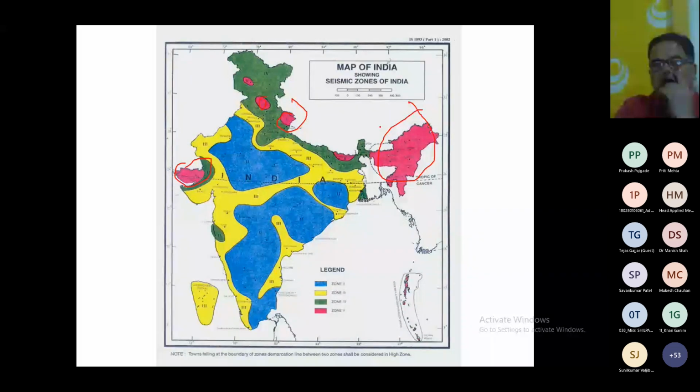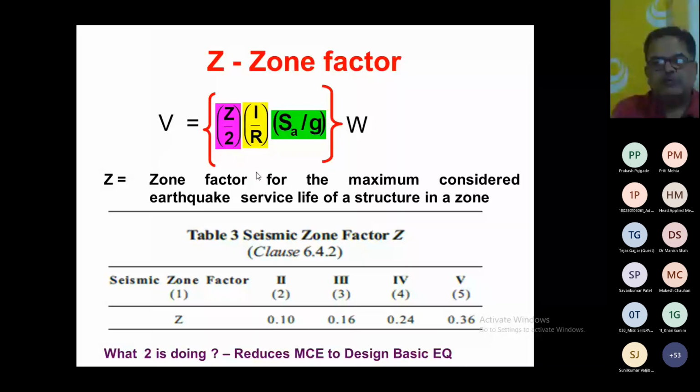Same way, this green part what you're observing is zone 4, right? This yellow part is zone 3, and blue is zone 2, right? So here the code has given different values. For zone 2, the Z value is 0.1. So it depends on the intensity of shaking.